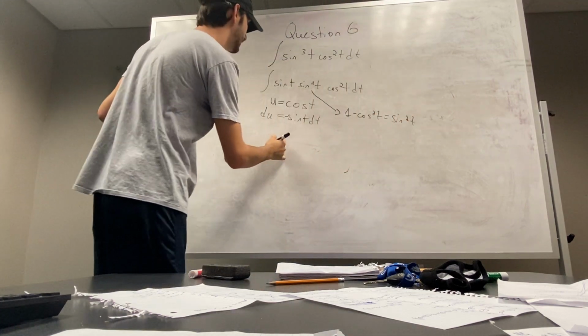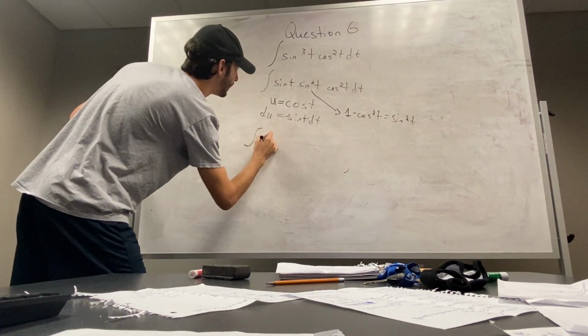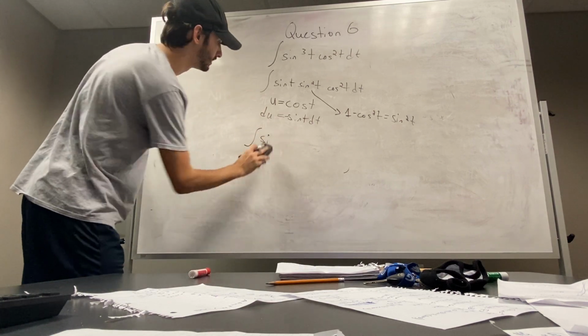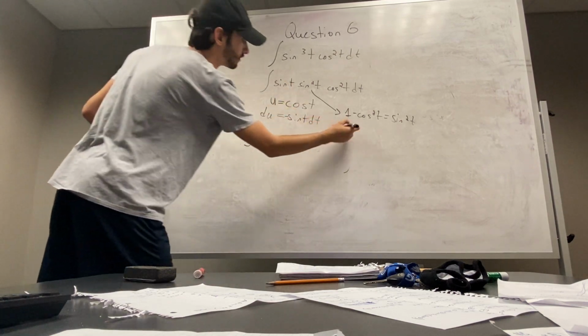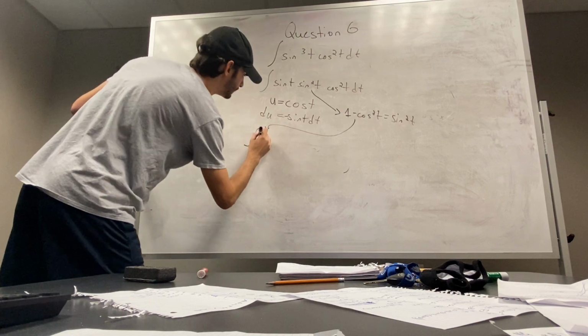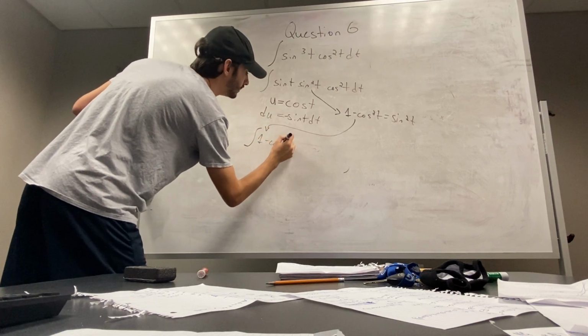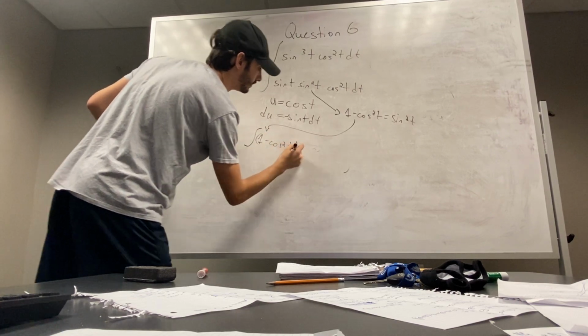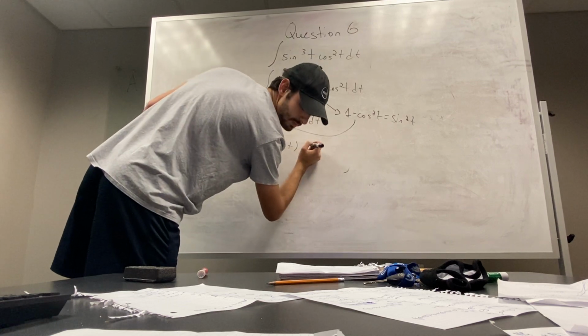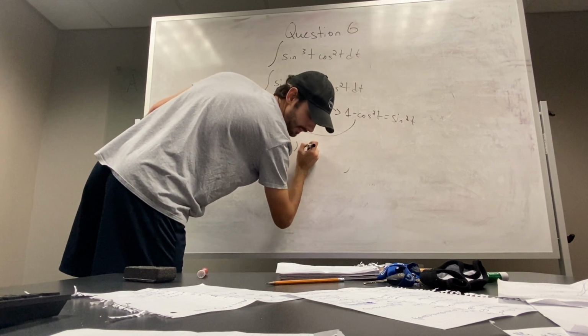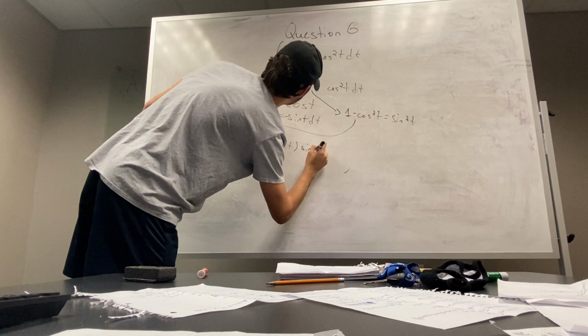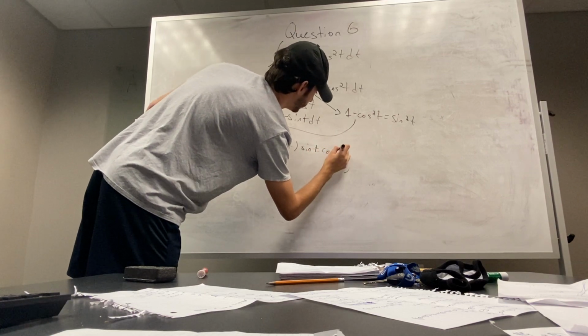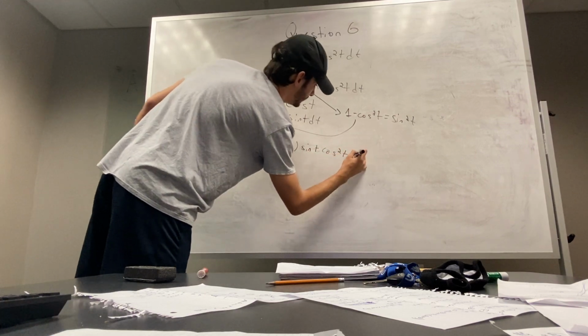So that's going to give us, actually let's move this value to the front, 1 minus cosine squared t, times sine t, times cosine squared t dt.